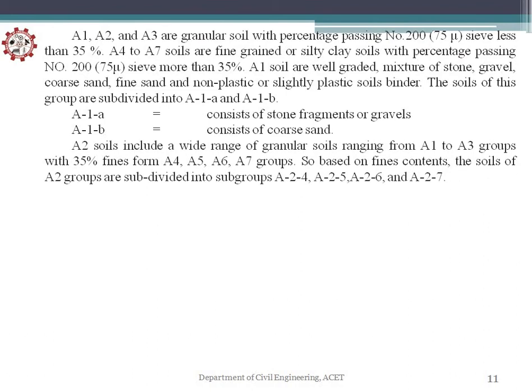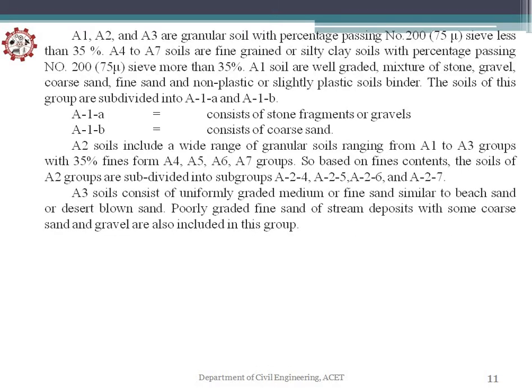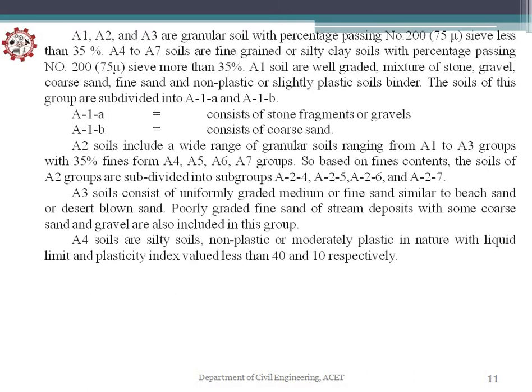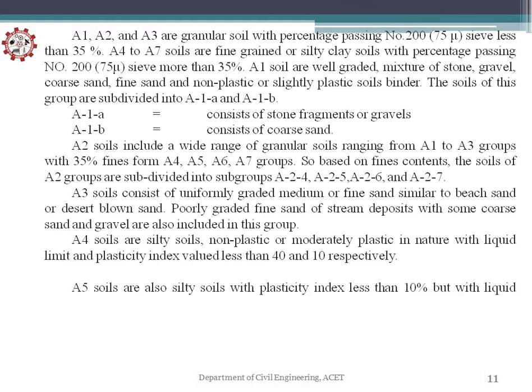Here you can see that A1 to A3 are granular soils, whereas A4 to A7 are very fine grained soils. They are again subdivided into A2-4 to A2-7. Then you can see that A3 and A4 soils are non-plastic soils.